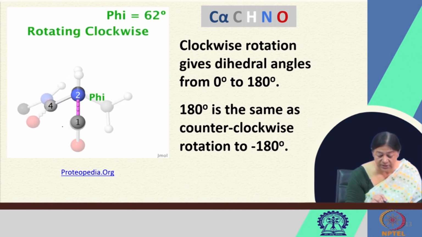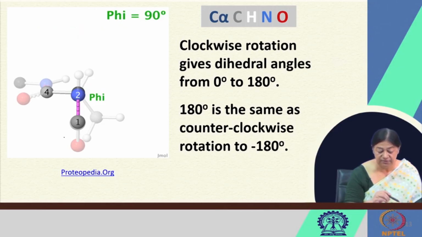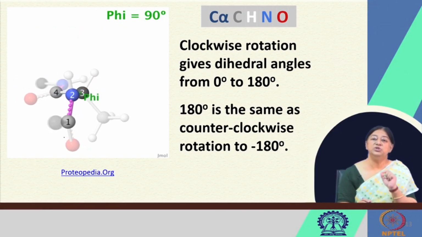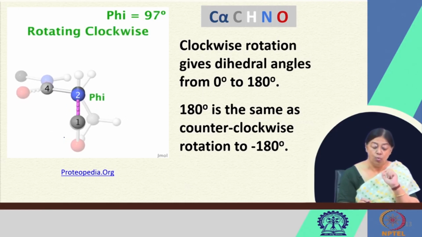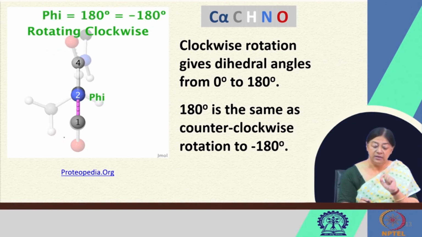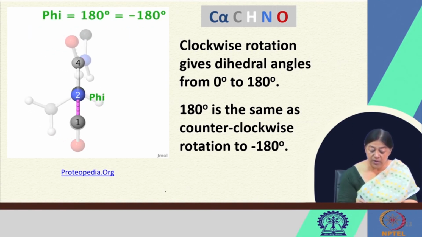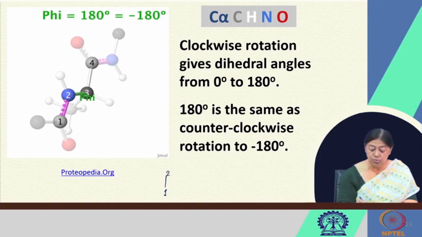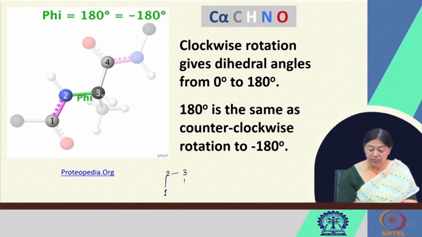Now, when we rotate this, we can see that we can have a 90-degree phi angle. The first thing that we saw is that there were 4 atoms, 1, 2, 3, 4, and we are rotating, going 1, 2, 3, 4.